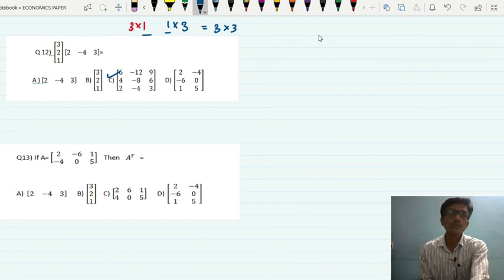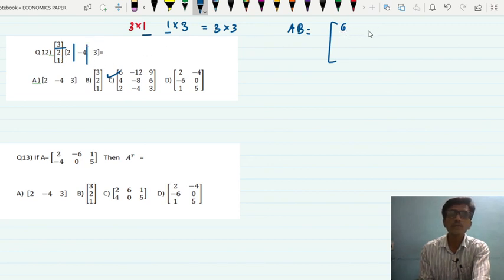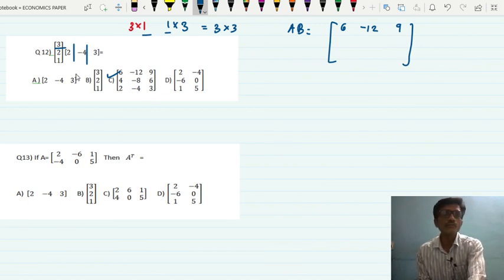So first row into column. How we will take the product? AB is equal to first row into column, that is 6. First row into second column, that is minus 12. First row into third column, that is 9. Then second row into first column, that is 4.